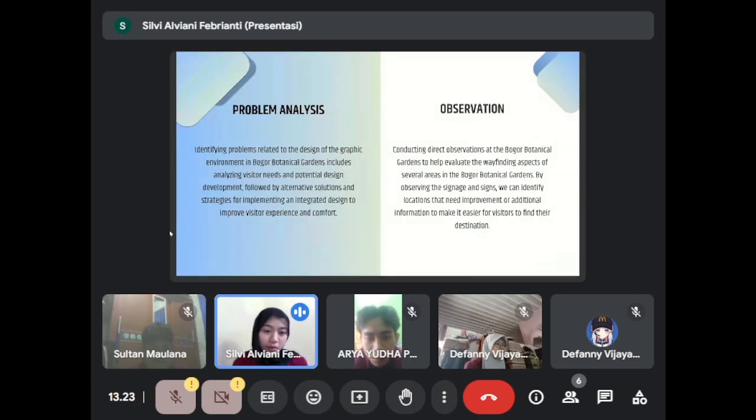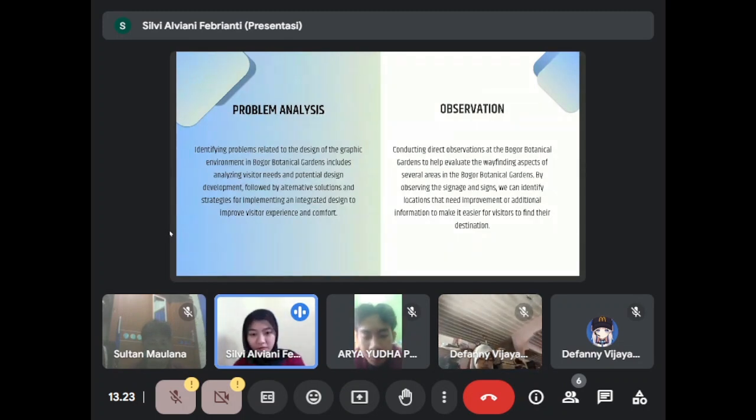And next is the problem analysis. Identifying problems related to the graphic environmental design in Bogor Botanical Garden includes analyzing visitor needs and potential design development, followed by alternative solutions and strategies for implementing an integrated design to improve visitor experience and comfort.